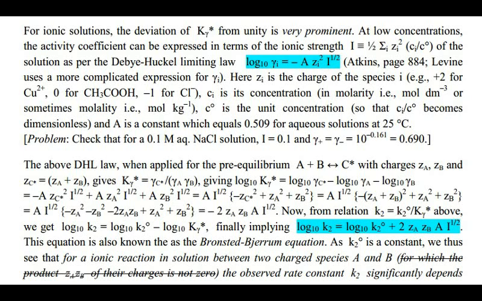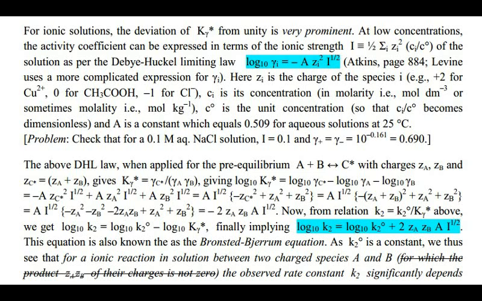We are talking about the activity of an ionic species. Suppose we are considering a reaction between two ions, as I told you, persulfate ion S2O8 2 minus reacting with iodide ion, I minus ion. So there are two ions reacting.